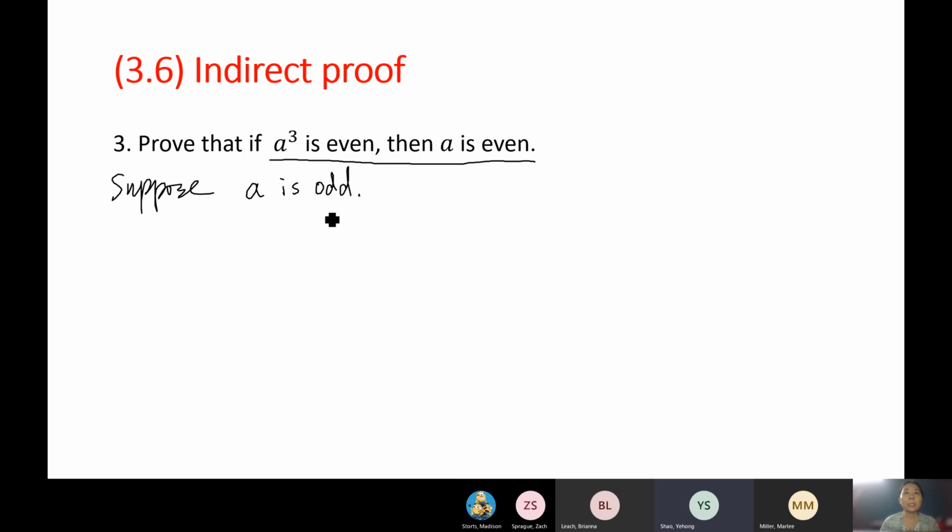So suppose A is odd, then A must be 2k plus 1. I think almost everybody got this one right, so I'm going to move a little faster. And then you try to find a contradiction. What's the contradiction?